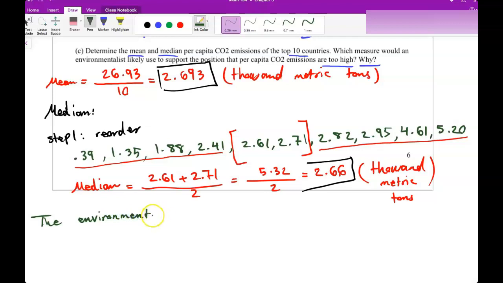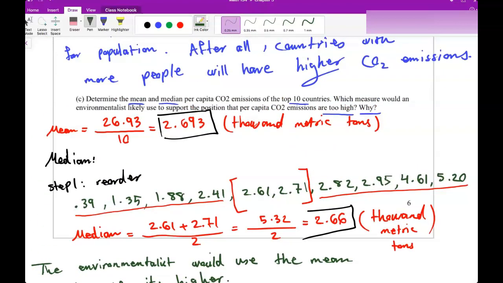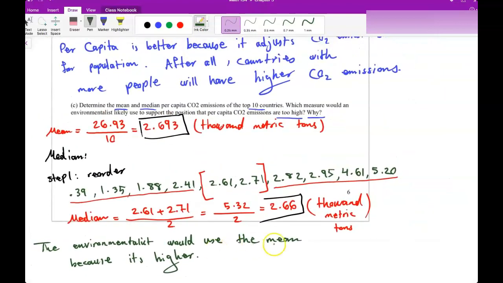So the environmentalist would use the mean because it's higher. Okay, we finished this part. Thereafter, I'm going to cover the next section.